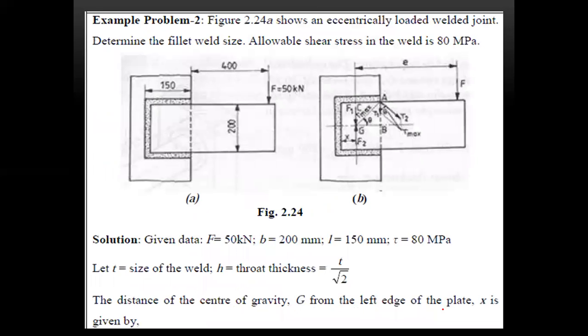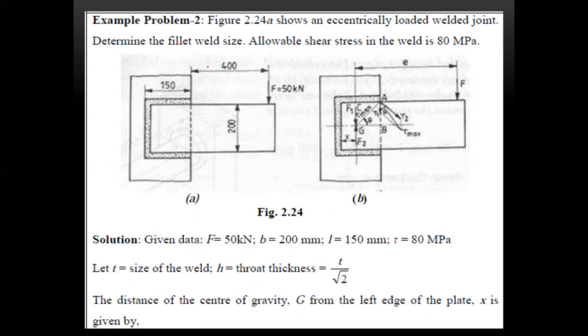Next, figure 2.24a shows an eccentrically loaded weld joint.